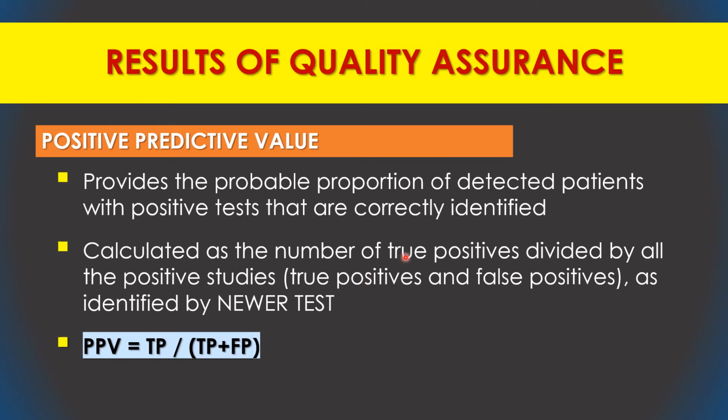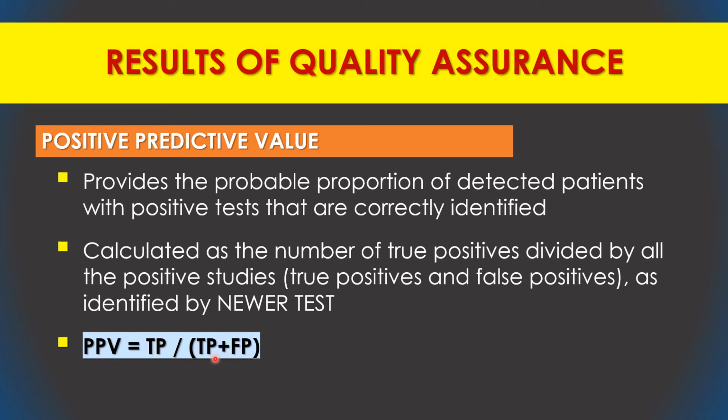Take the true positive from the chart, divided by the whole positive, meaning the true positive and the false positive together. So as we see here, the positive predictive value equals the true positive divided by the whole positive, meaning the true and the false positive together, which is in the denominator, and in the numerator we have the true positive. So this is the proportion of the true positive among the whole positives.